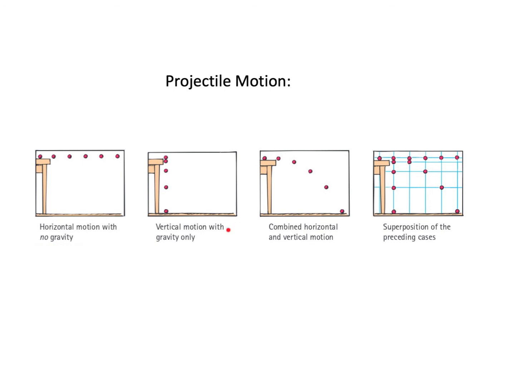Now, here's the vertical motion with gravity only, and you can see it's falling and it's also accelerating. The distance is getting bigger and bigger because it's going faster and faster. Now, if you combine those two motions, after 1 second, say the ball is going to go over this far and drop down that far, and you can see that the ball is here.